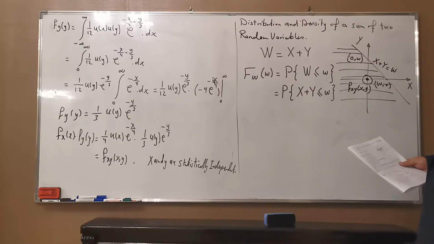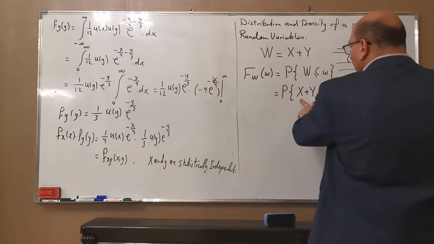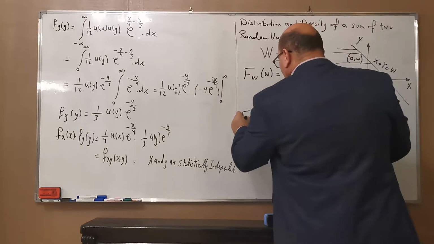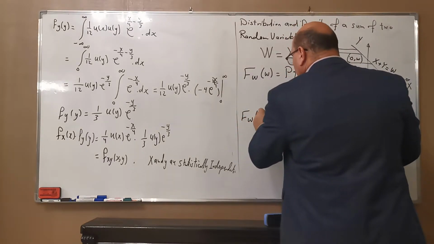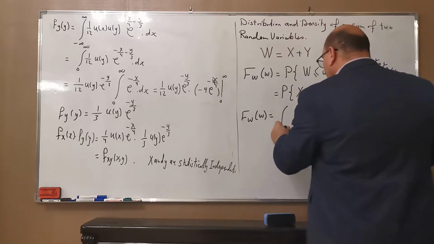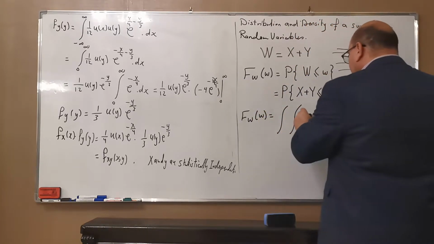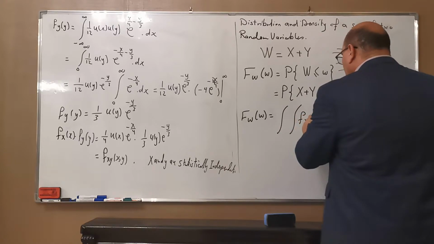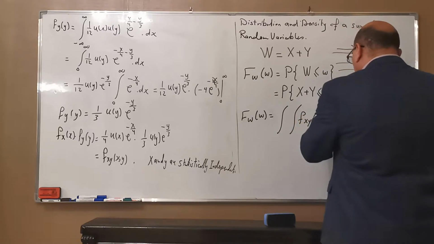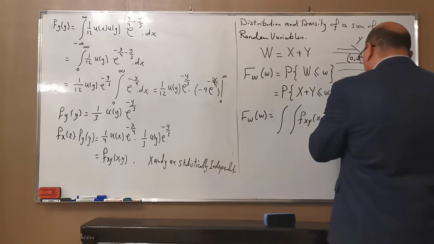Okay, so if we would like to find this probability, F_W(w) is equal to this probability. So it's a double integral over f_XY(x,y) dx dy.